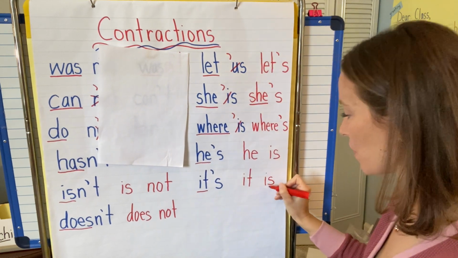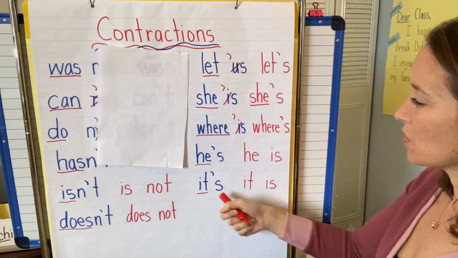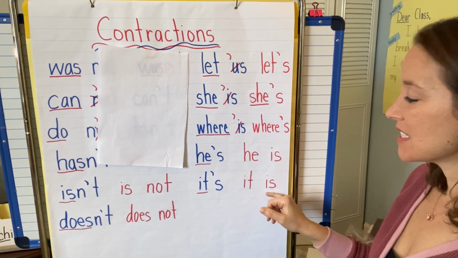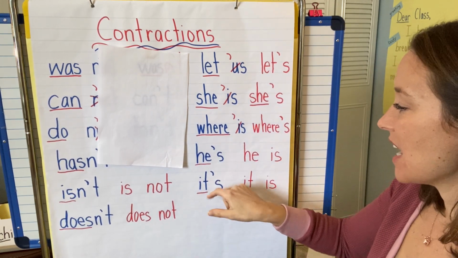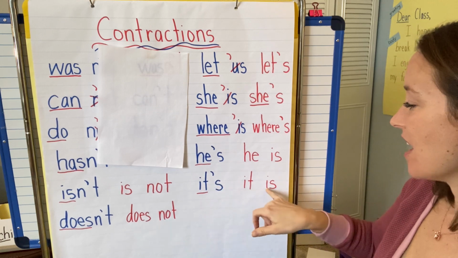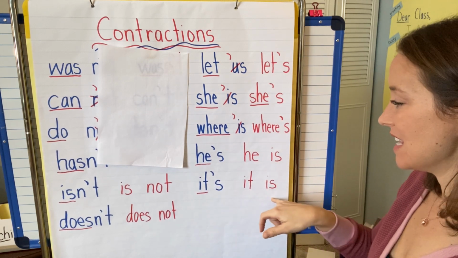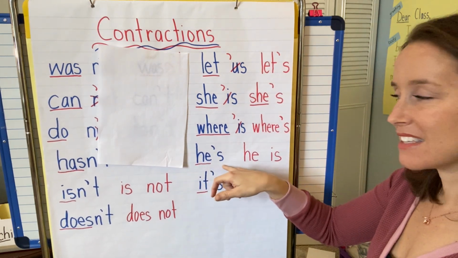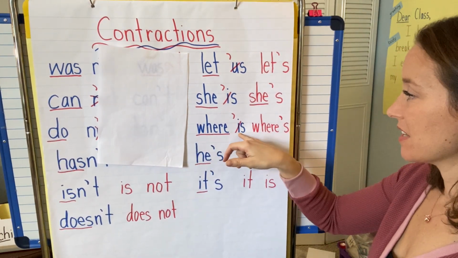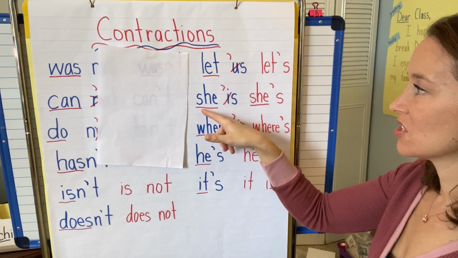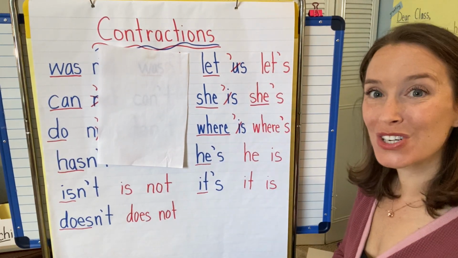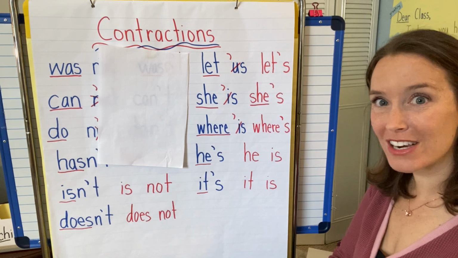It is cold outside. So remember, when you see an apostrophe S, most of the time the apostrophe is taking the place of the letter I. Instead of it is, it's. Instead of he is, he's. Instead of where is, where's. She is, she's. All right, boys and girls, you're going to do some practice with contractions today.